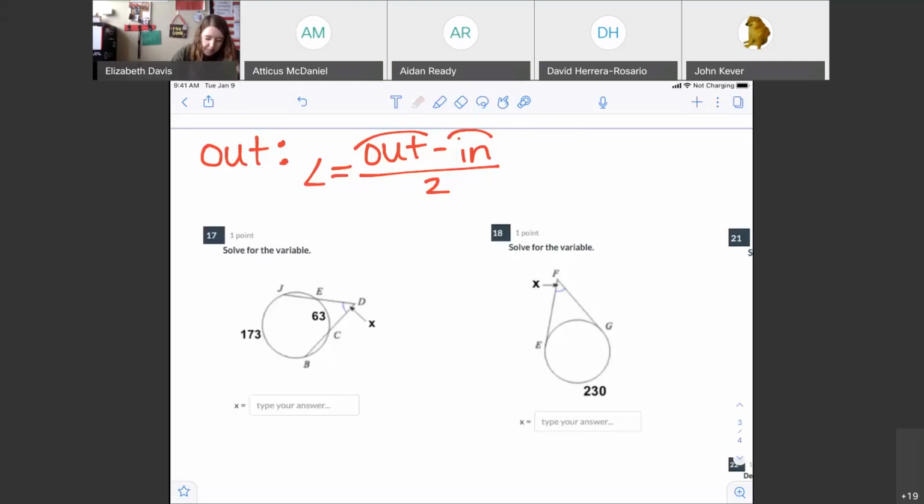So in this picture on number 17, which one is my angle? X, good, equals. Which one is my outside arc? Yeah, 173 outside arc. Then my inside arc, this one in here, 63.